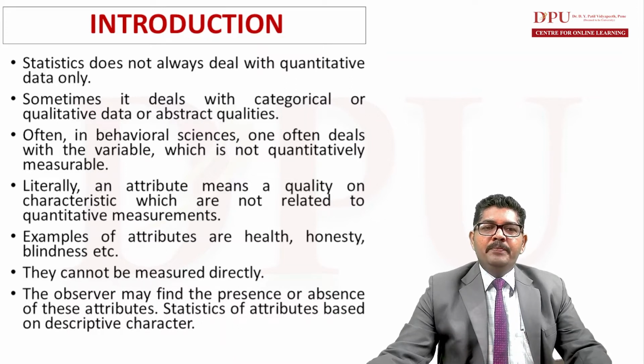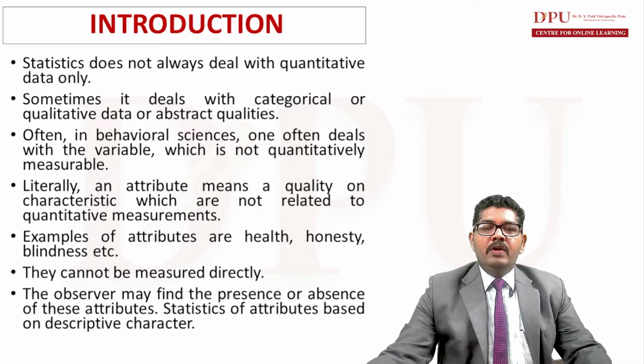Often in behavioral sciences and social sciences, where human actions and human behavior are studied, one deals with variables which are not quantitatively measurable. Literally, an attribute means a quality or characteristic which is not related to quantitative measurement. Examples of attributes are health, honesty, blindness, beauty, knowledge, etc. They cannot be measured directly.